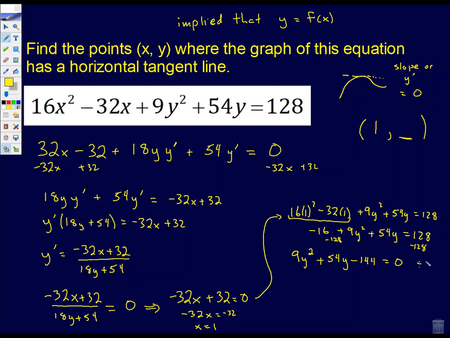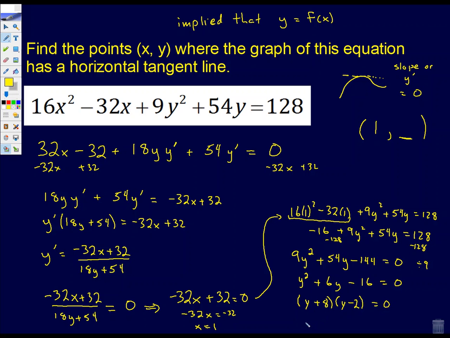So I'm going to start by dividing by 9 and make this y squared plus 6y minus 16 equals 0. And now I notice that does nicely factor down. So it's going to be y plus 8 times y minus 2.